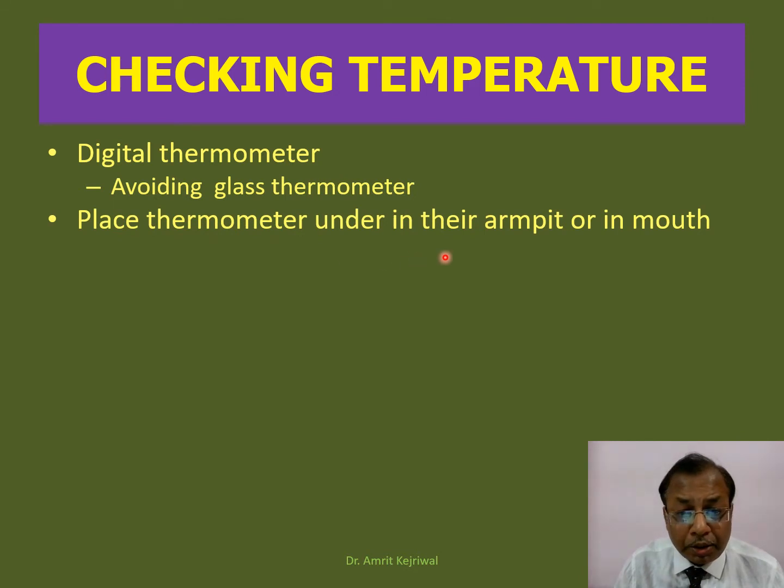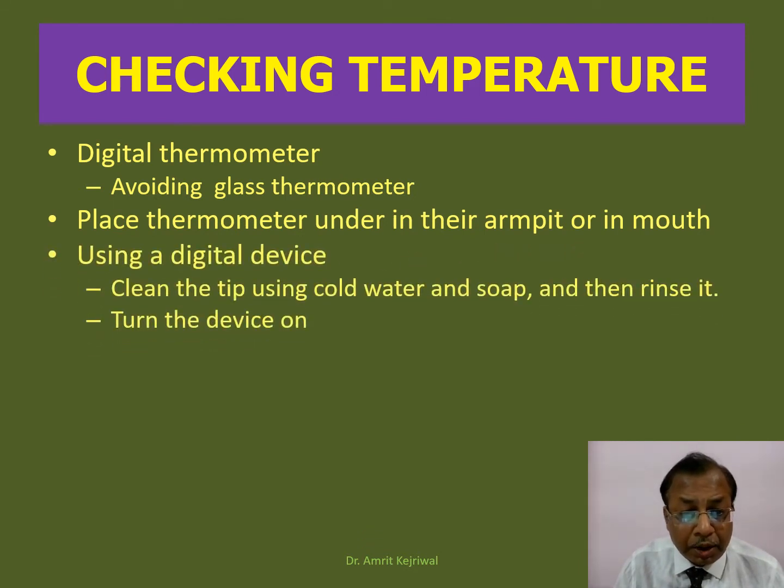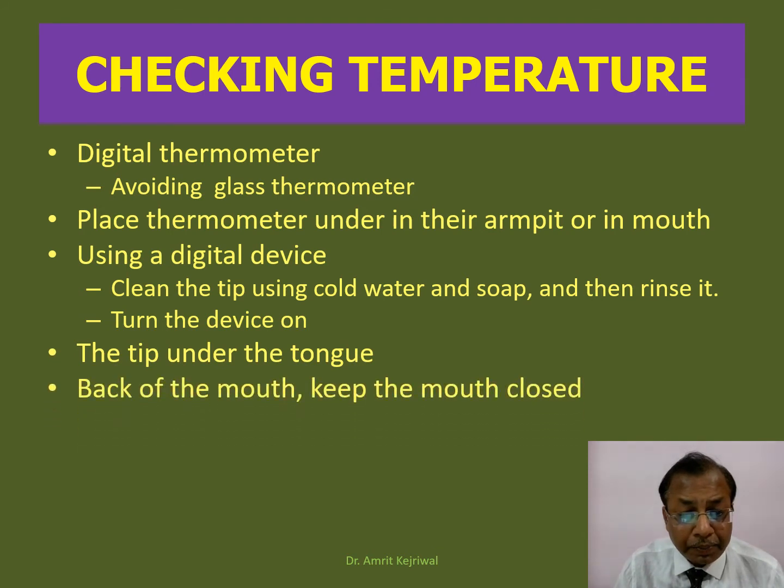Place the thermometer under the armpit or mouth of the patient, and while using a digital device, make sure the tip is cleaned using cold water and soap, and then rinse it, and then turn the device on. The tip is kept under the tongue at the back of the mouth and keep the mouth closed.